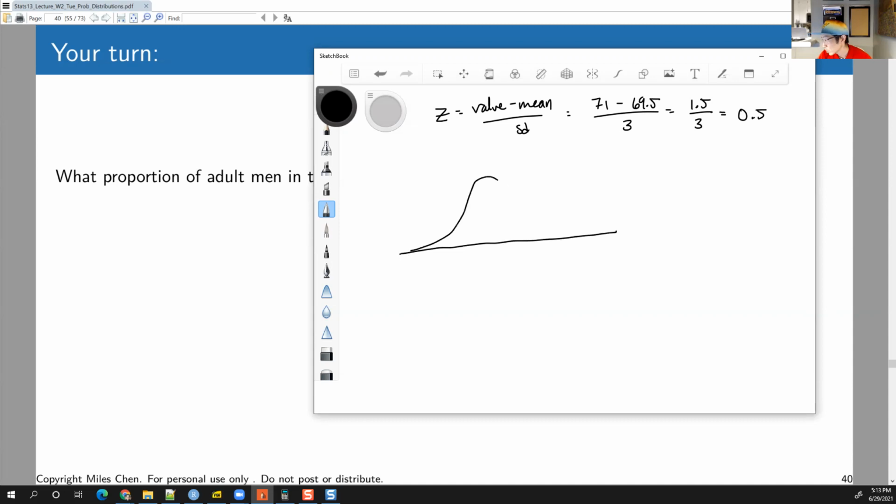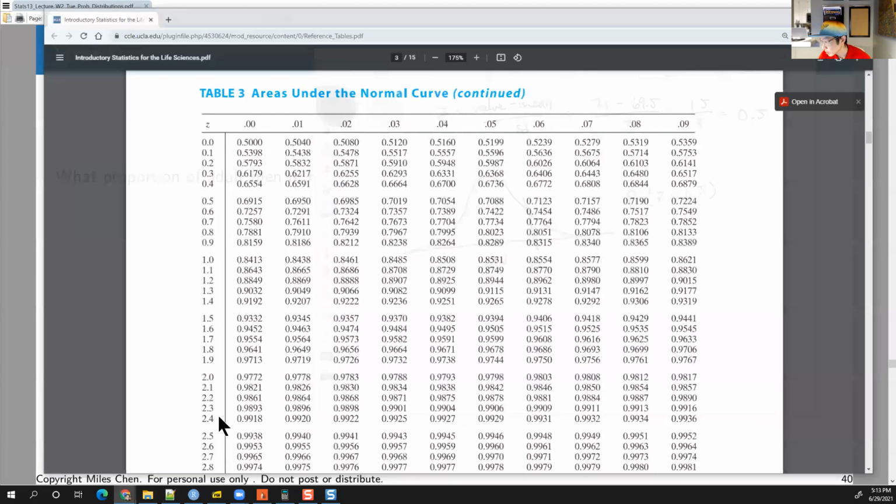If we draw our picture, in the middle we have 69.5, and here we have 71. We're 1/2 a standard deviation above the mean. So I'm going to look for the probability that z is less than 0.5. Where's my z table? Here it is.